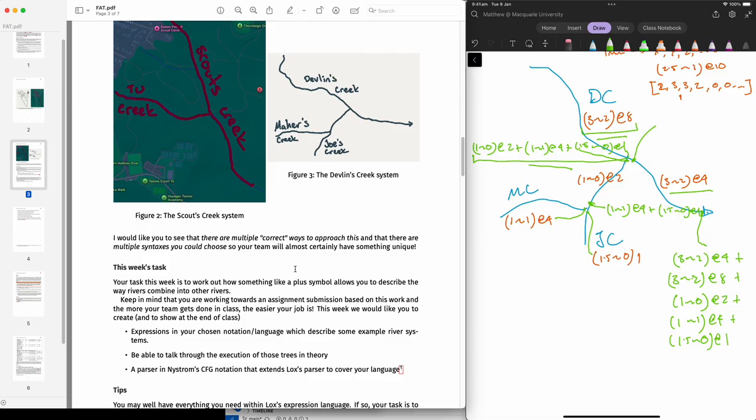Hopefully I haven't made any mistakes. 1, 2, 3, 4, 5, feels right. So that's my final flow in this case.